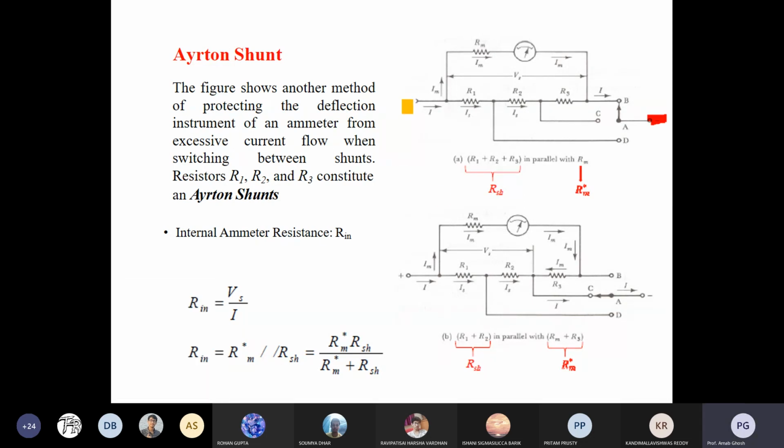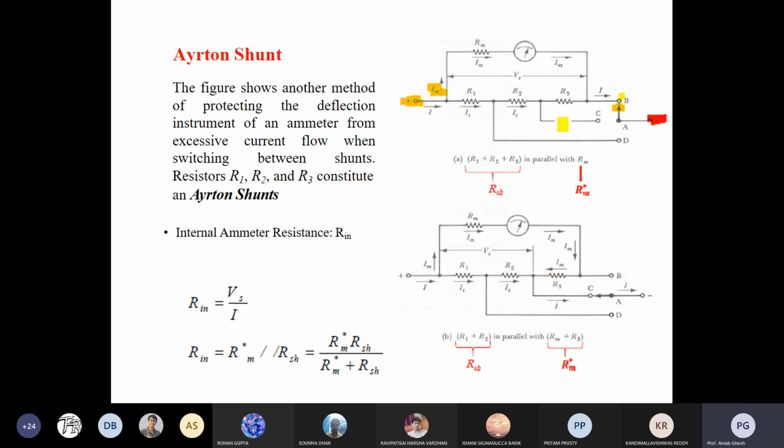So Im is coming over there. There are three conditions. You see the pointer is there, A, B, C. A is the minus terminal, and the rest are B, C, D. So first condition, if it is in B, then what happened?